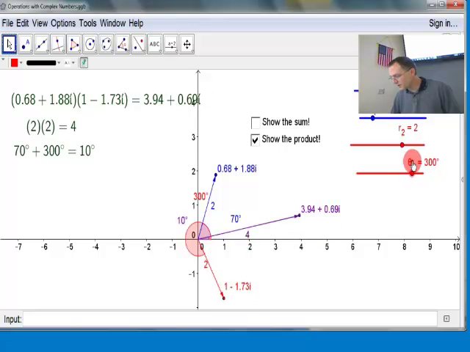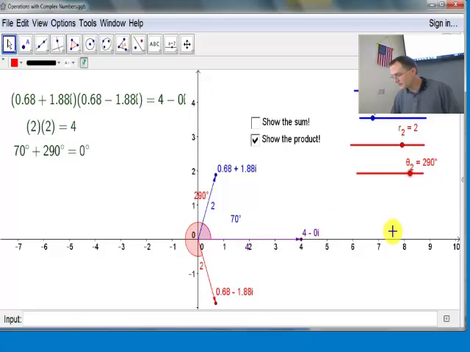I think the red angle I want to be 290 degrees, and the blue angle to be 70 degrees, so 290 all the way over there. But notice these two numbers, 0.68 plus 1.88i, 0.68 minus 1.88i, those are complex conjugates of each other. They have the same real part, 0.68. They have opposite imaginary parts, 1.88 and minus 1.88.